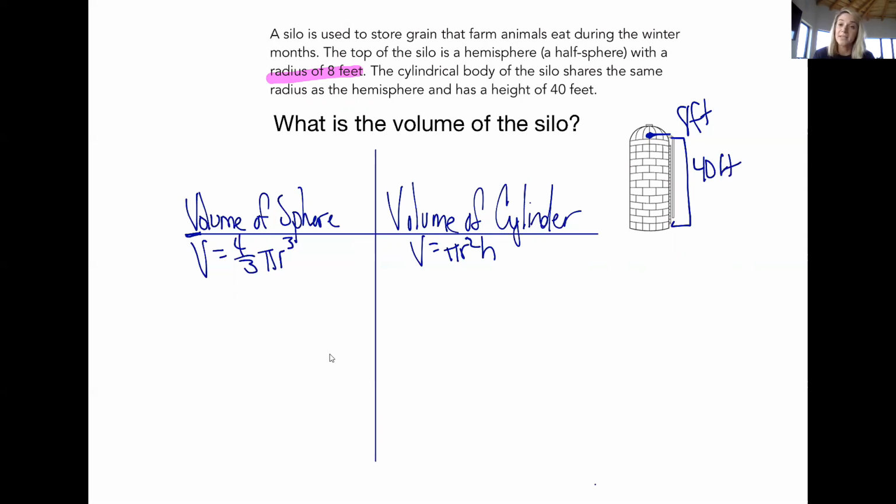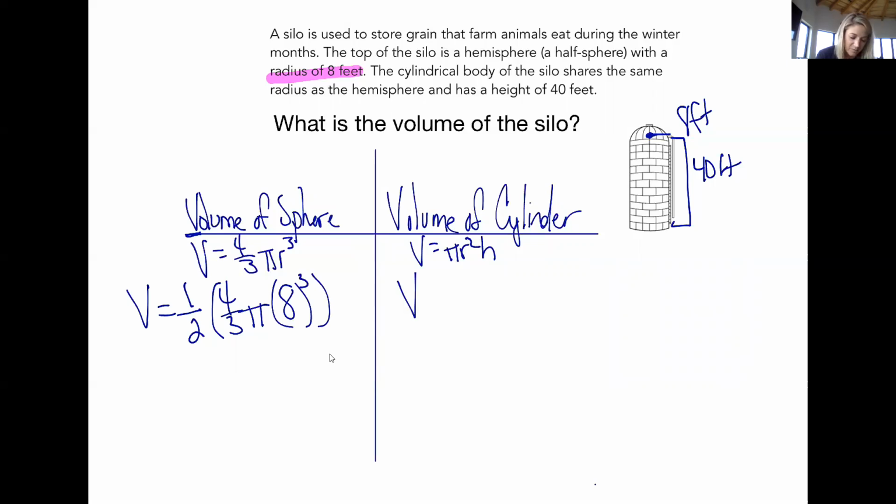So now I'm going to substitute in my values in my formula. V equals, I have to remember, it's just half of that volume of a sphere. So I'm going to make sure that I do 1/2 times the 4/3 pi r cubed. And then the volume of the cylinder is pi times 8 squared times the 40.